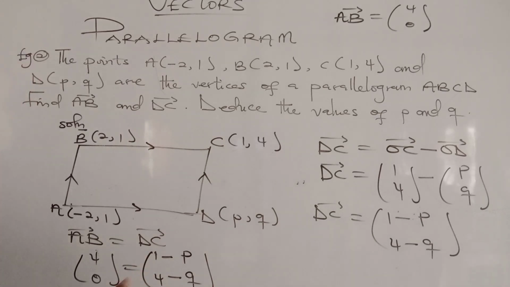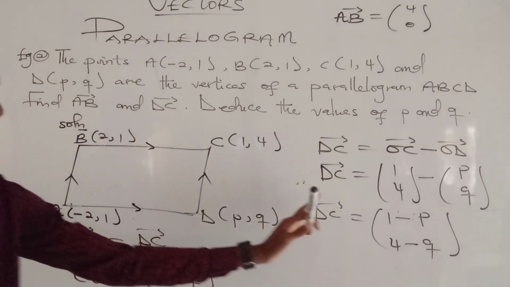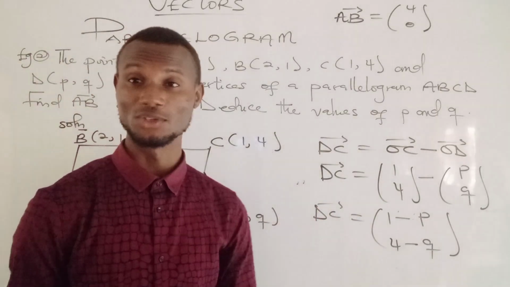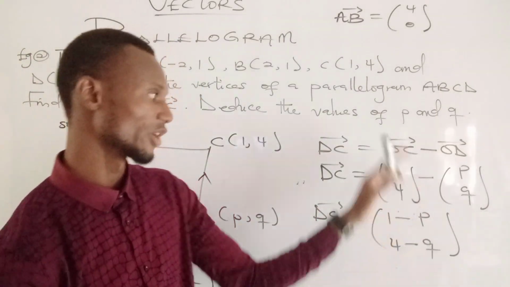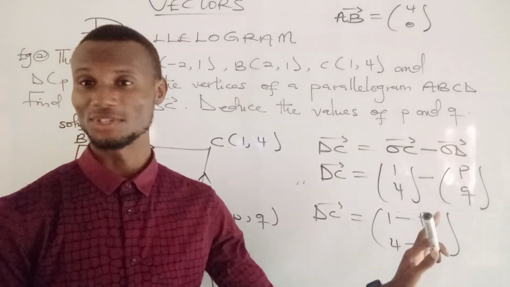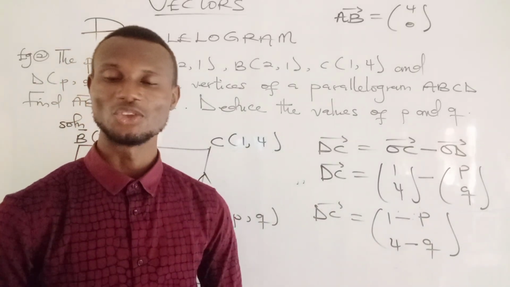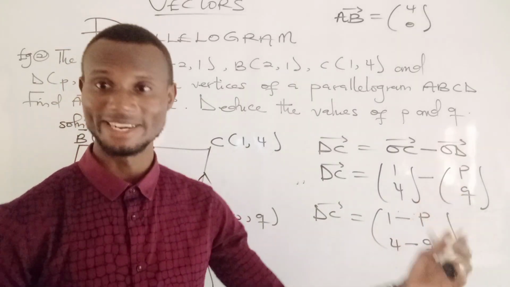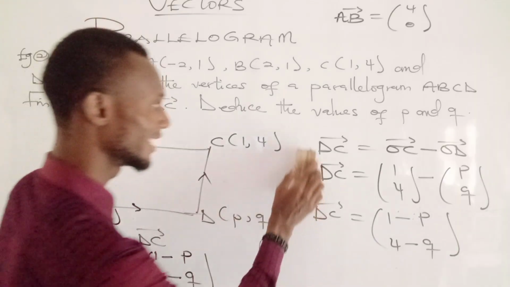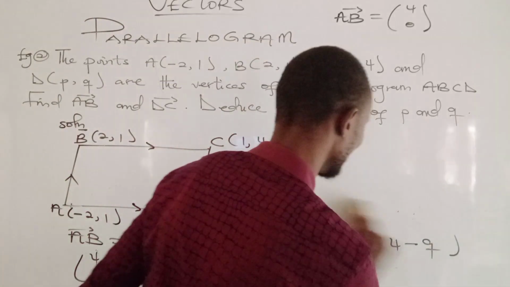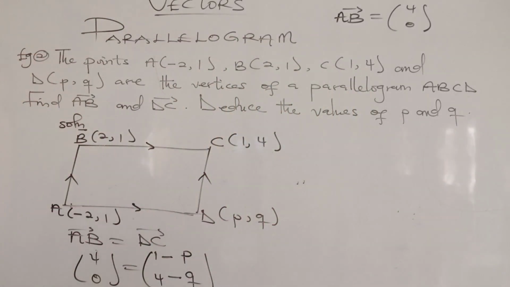Now we are going to clean a portion of the board because I need more space, so that we can continue from there. I hope you understand the explanation up to this point. Let me clean here for us to continue and solve for the values of P and Q.